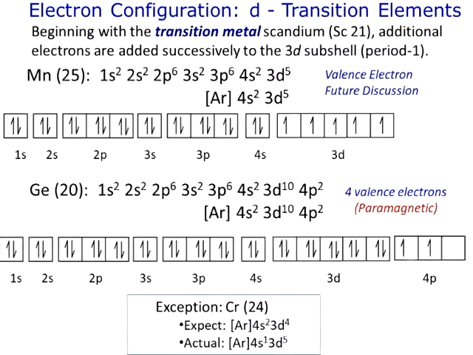You might recall that carbon also had 4 valence electrons. As a matter of fact, any atom in group 14 will have 4 valence electrons. Any element in group 15 will have 5 valence electrons.